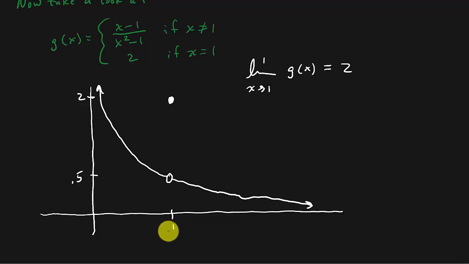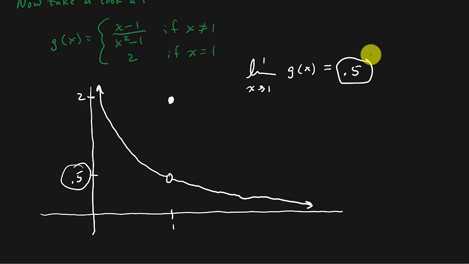It's the y value as x approaches 1. As x approaches 1, what is y approaching? You can see from this graph, as we're getting closer and closer to 1 from the left and from the right, these y values are getting closer and closer to 0.5. And so this limit would have the same value as the first example, even though it's a little bit different.